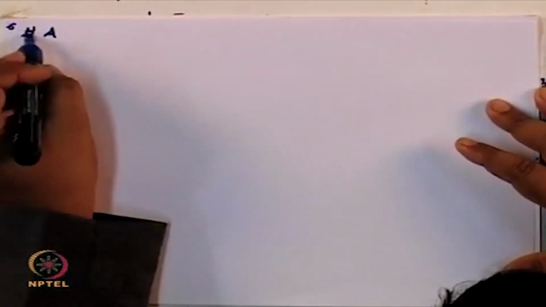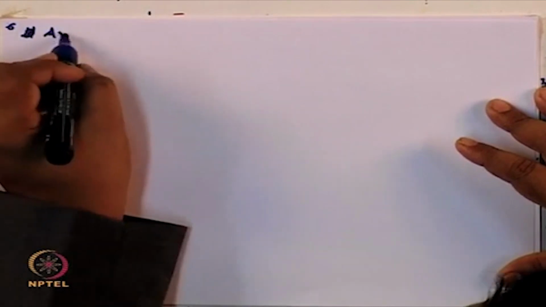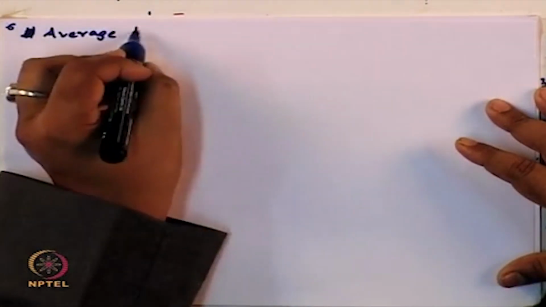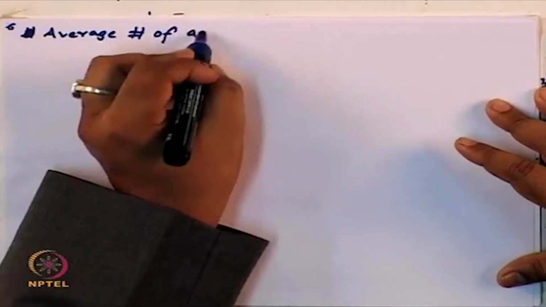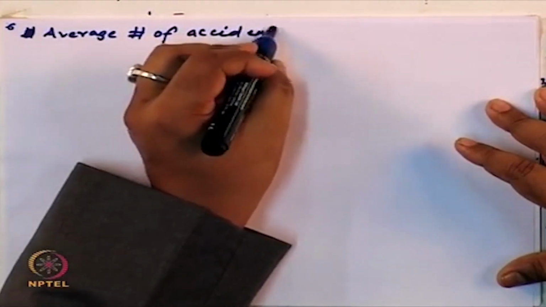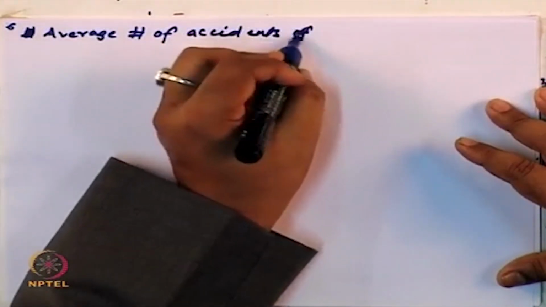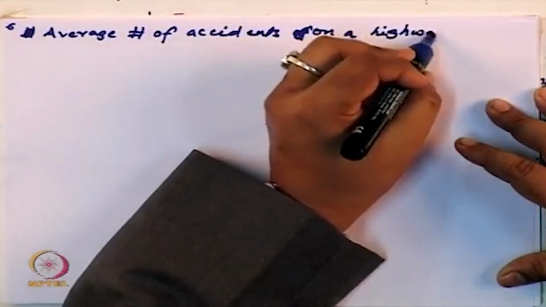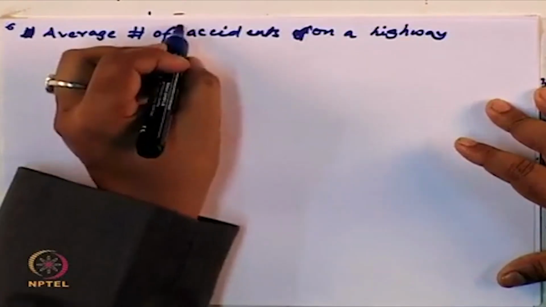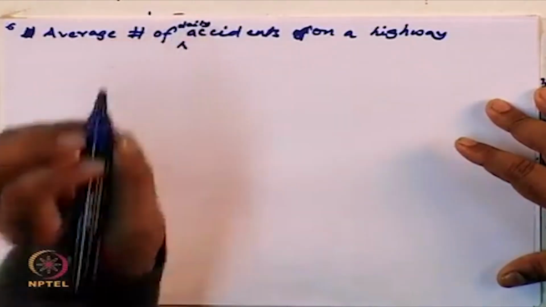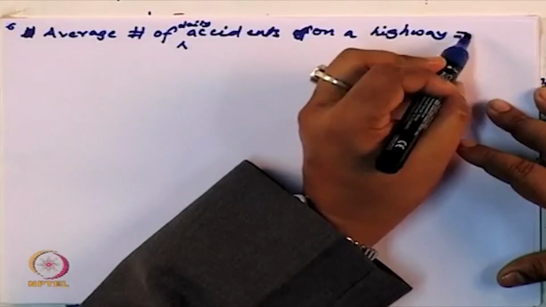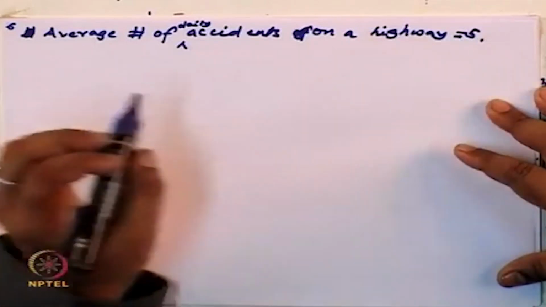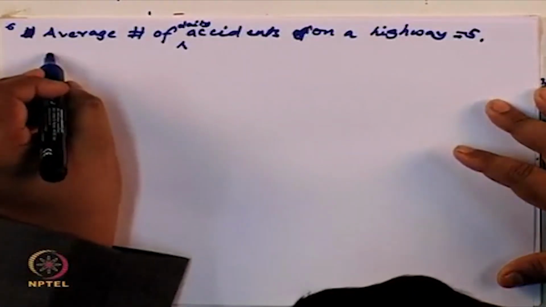Let us assume that the average number of daily accidents on a highway is equal to 5.